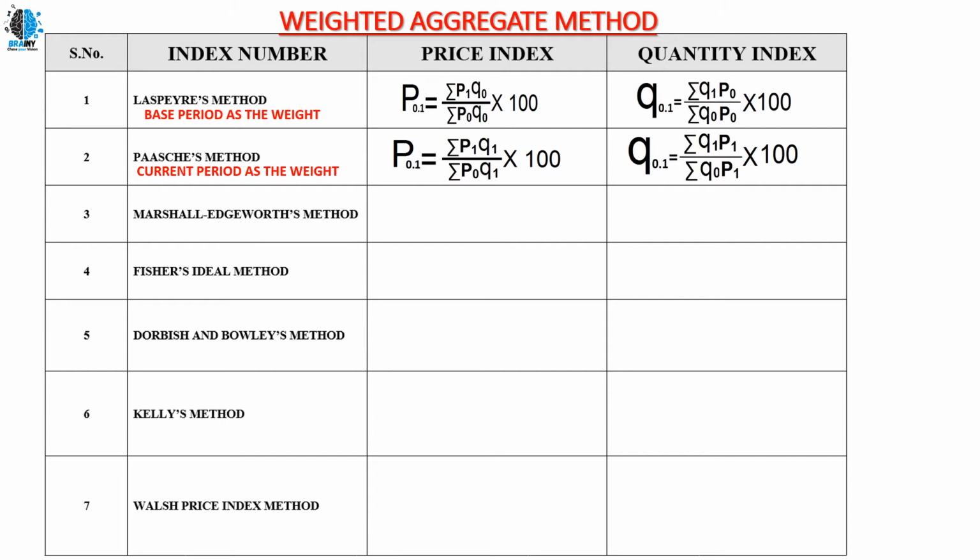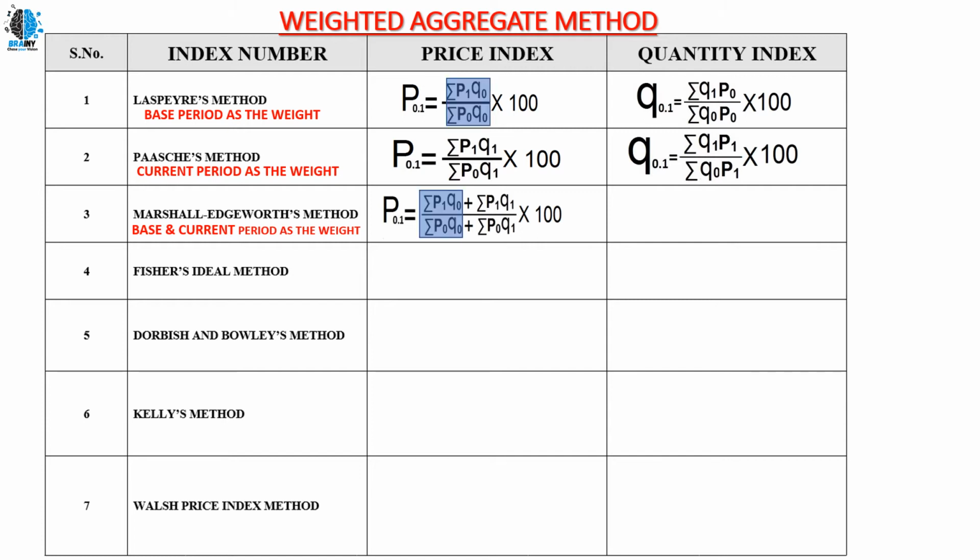Now we have the Marshall-Edgeworth method. In this, the author has given the weight to both the current year and the base year. So the formula is the combination of Laspeyres and Paasche. The first one is our price index under this method.